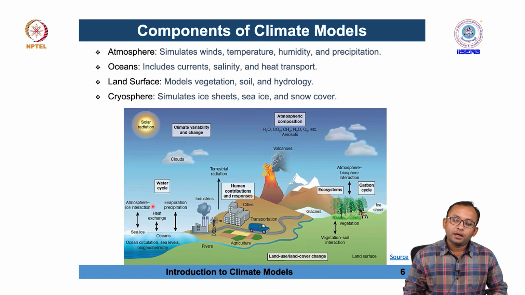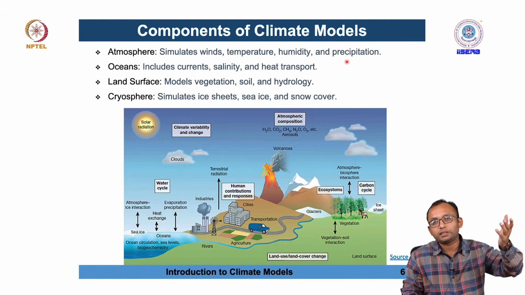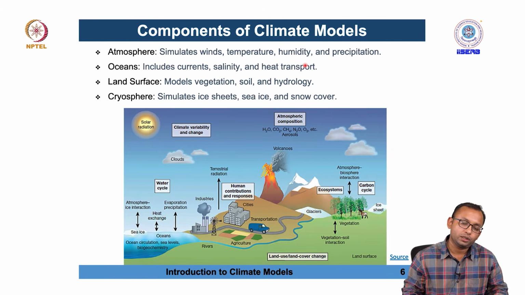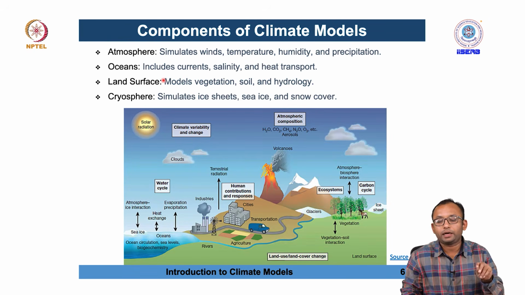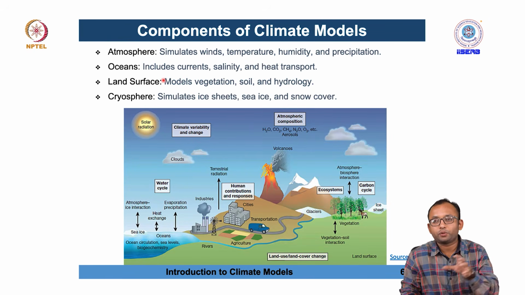Okay. So what are the components in the climate model? As we have suggested, the earth system can be represented by using different components. For example, the atmosphere component of a global climate model simulates the winds, temperature, humidity and precipitation in global coverage or in regional settings also. The ocean component primarily looks at currents, salinity and heat transport from one place to another.